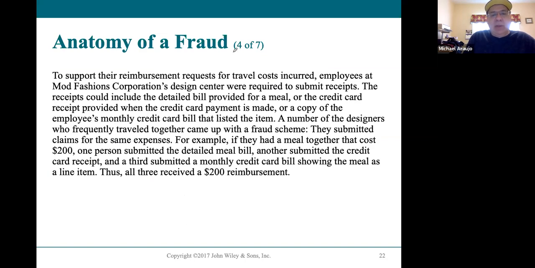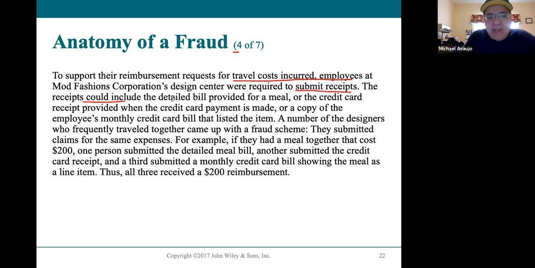So the fourth example here of a fraud happened regarding travel costs. So employees were going on trips for this fashion company, and they were required to submit receipts in order to get reimbursed. So the receipts could include a few things.